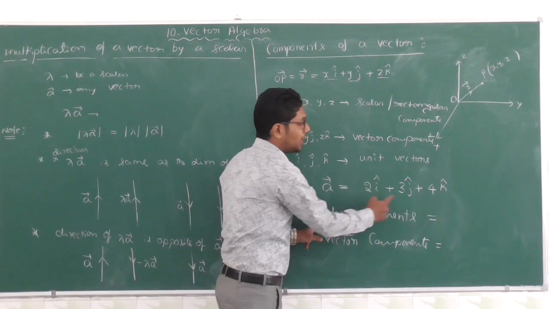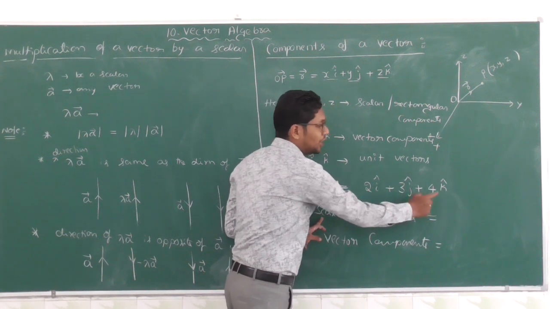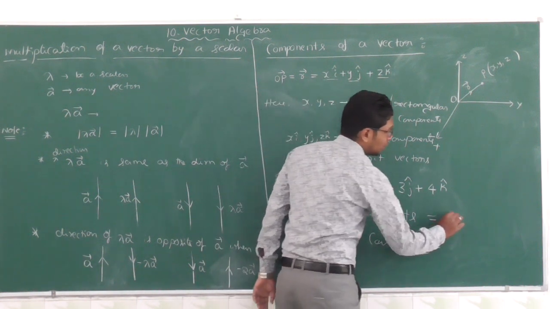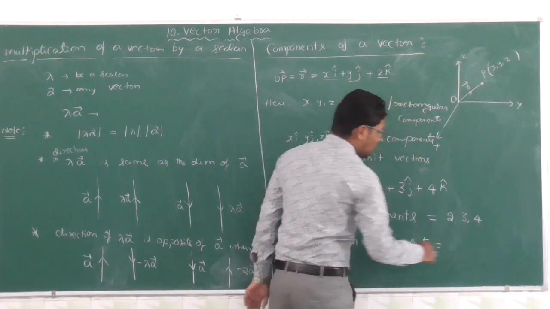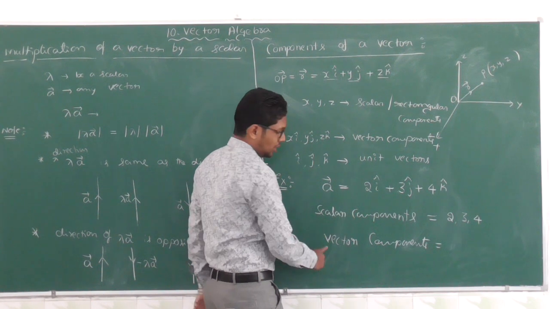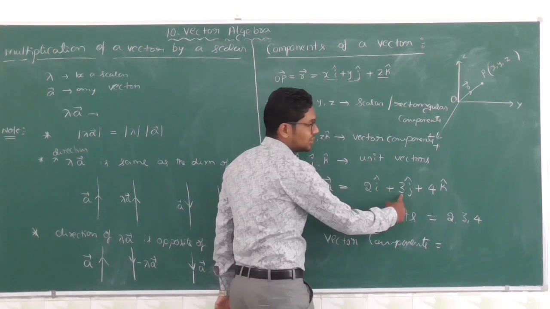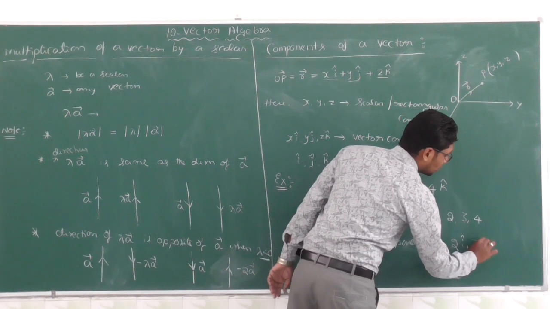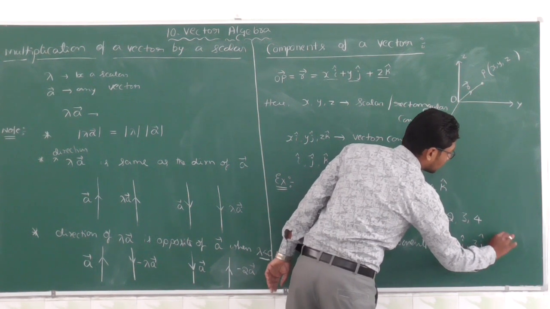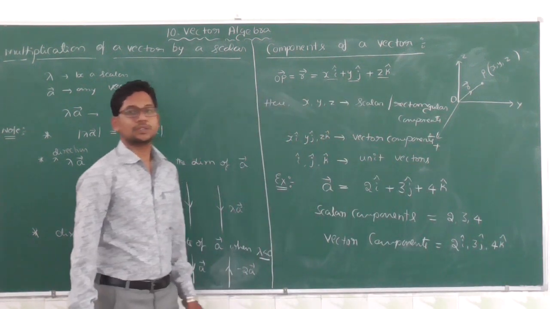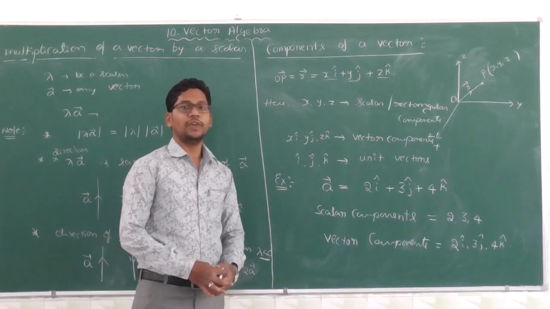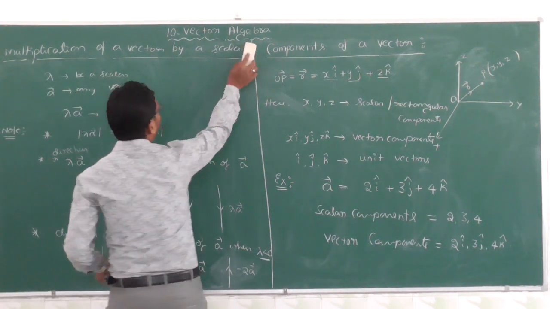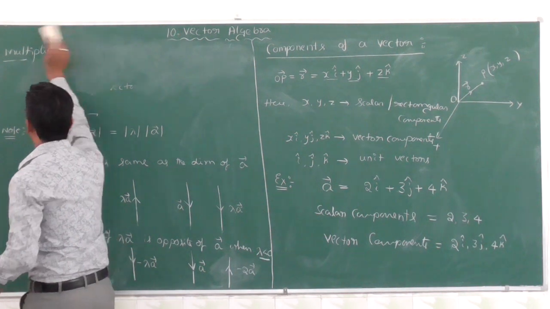The component of i, the component of j, the component of k are called scalar components. 2, 3, 4 are the scalar components. Vector components: 2i, 3j, 4k are the vector components. So these are the components of a vector. I hope you understand these components of a vector form.